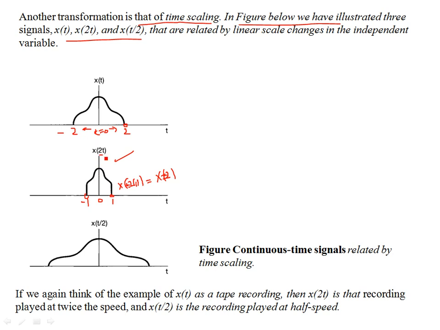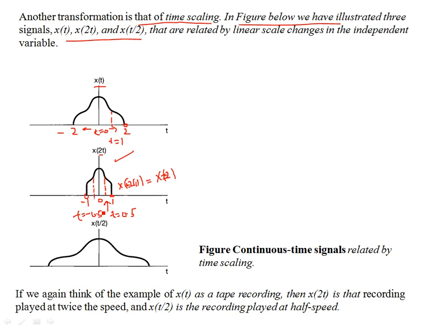Because for the amplitude at t equal to 0.5, you require the data present in the original signal at t equal to 1. Whatever is present at t equal to 1 has to be played at t equal to 0.5. That means you're playing the music or a piece of speech at twice the speed. So x(2t) is simply a time compression, as can be seen from here.